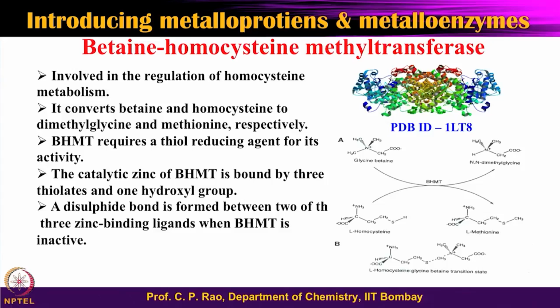Okay. In that case, you will get in one case N,N-dimethyl glycine, and in the other case you will get the methionine. So, if the methyl group goes over here, this will get the methionine and this will become N,N-dimethyl glycine. So, this is an intermediate.